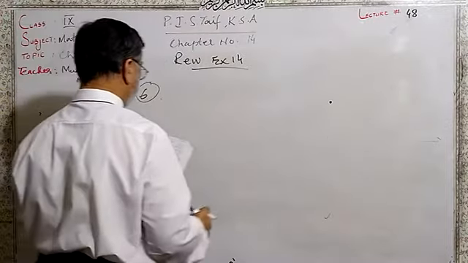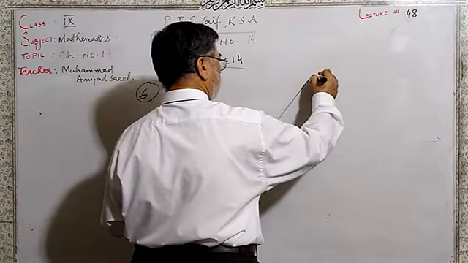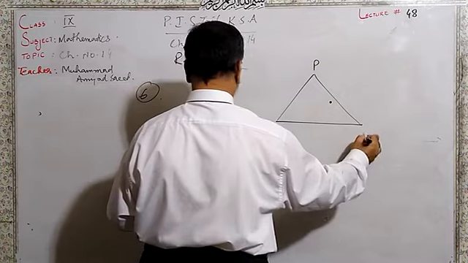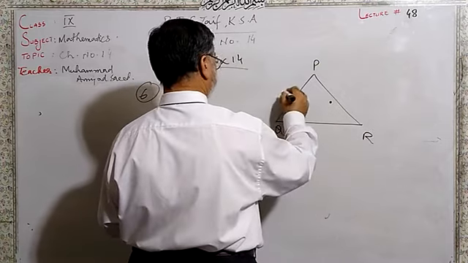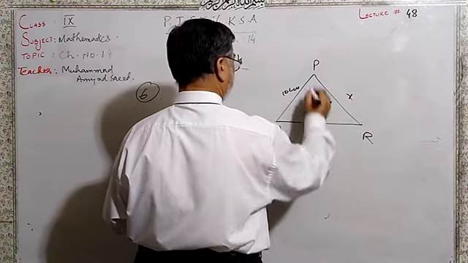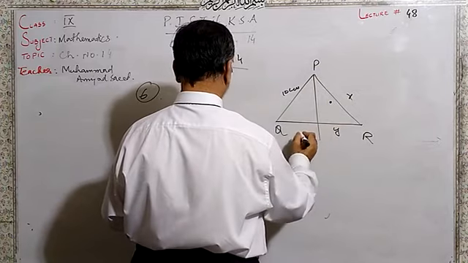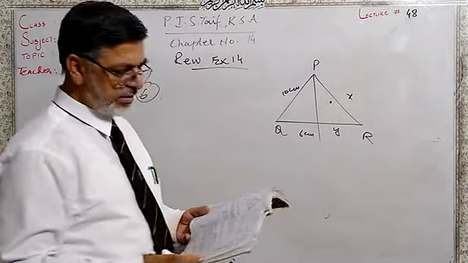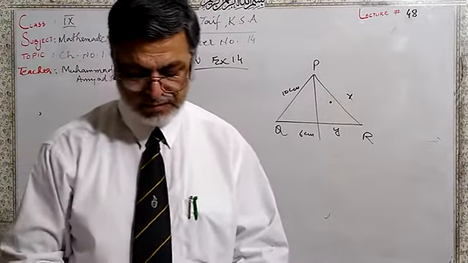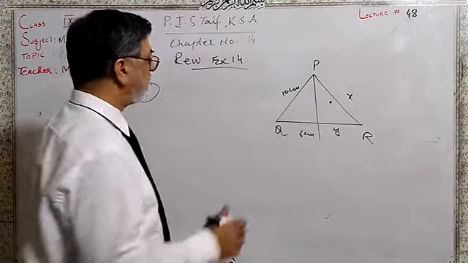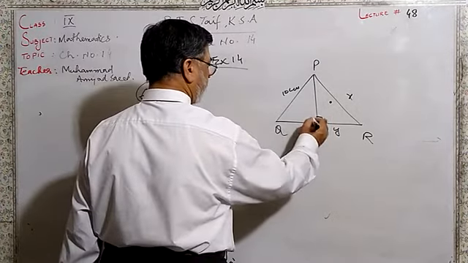What is given? Here is PQR, P, Q and R. This is 10 centimeter. This is X and here is Y, and this is 6 centimeter. Dear students, first of all, you can check. These are 90-degree angles.